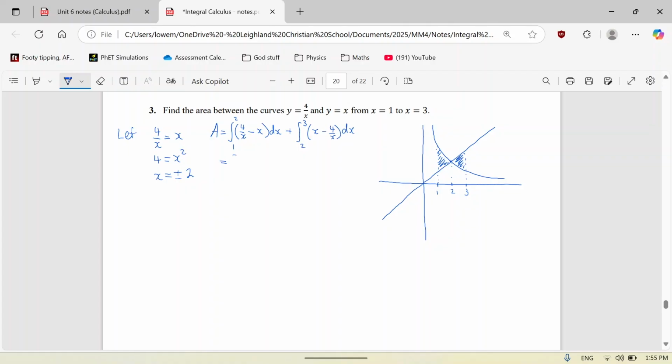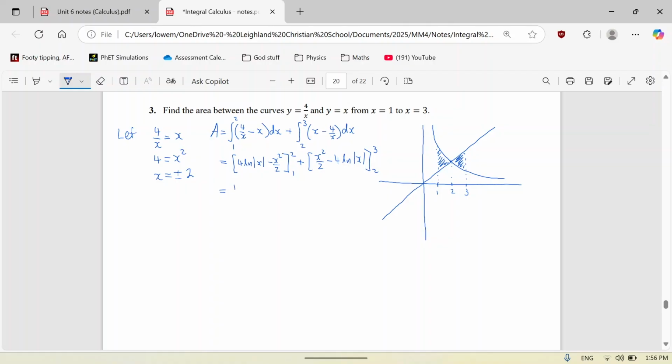Alright, so we're now going to integrate. So this one here becomes 4 times the natural log of x minus x squared over 2 from 1 to 2, plus this becomes then x squared over 2 minus 4 times the natural log of x, and this one is from 2 to 3.